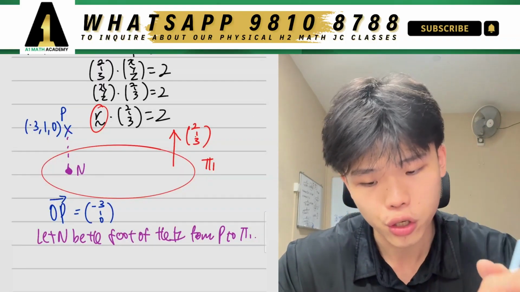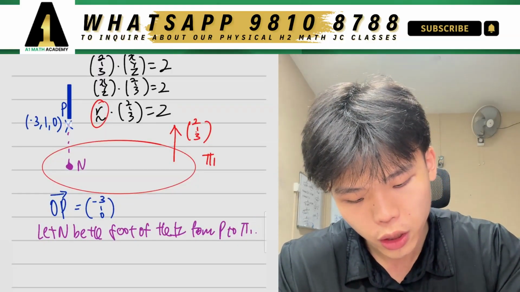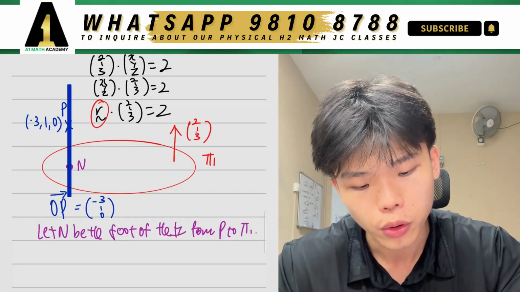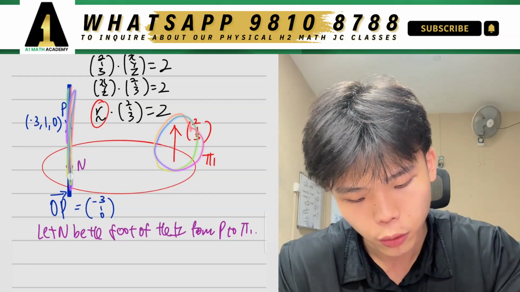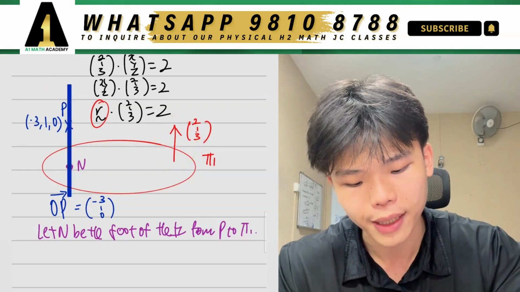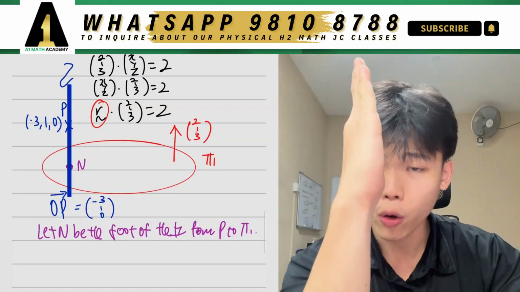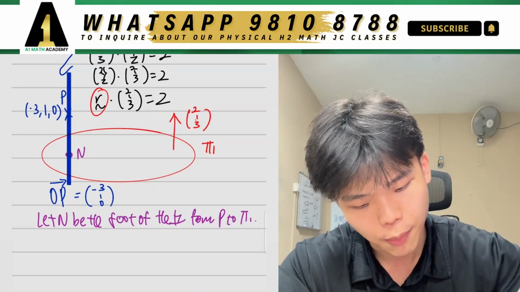We can visualize it as an intersection between a line and a plane, because we know that the direction vector of the normal is definitely parallel to this line. So we can therefore form an equation of another line, which we're going to call L, whereby L and the plane intersect at the point N. So I'm just going to write and present my answer like that.